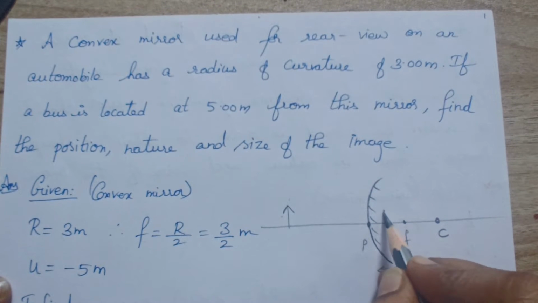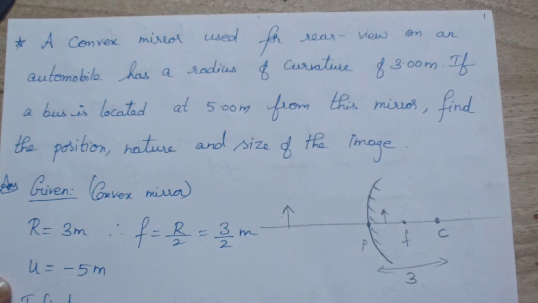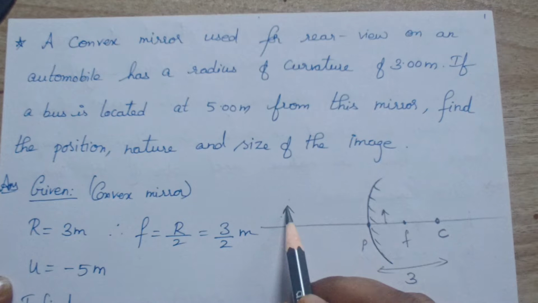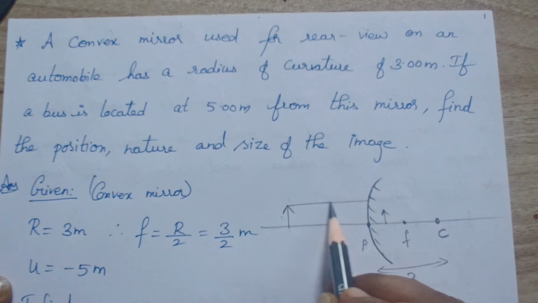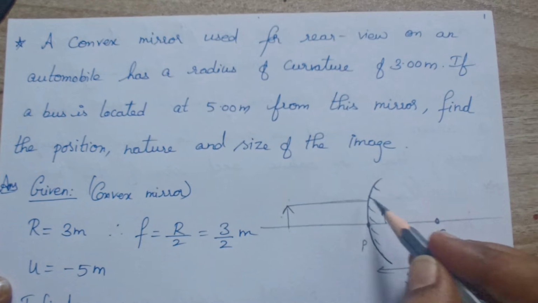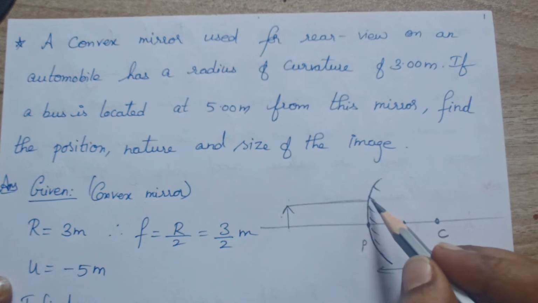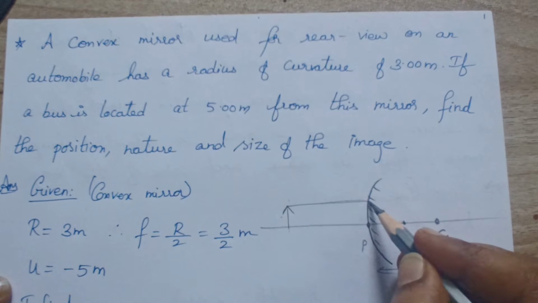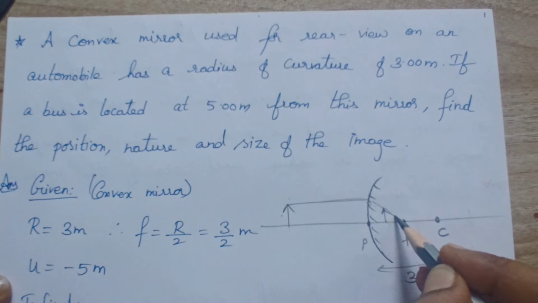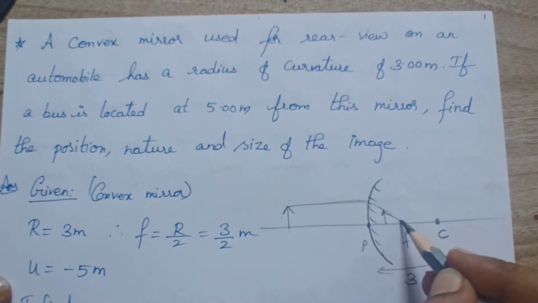Do you remember this? You will get an image like this. This is the object. A ray parallel to the axis will strike the mirror, and then it appears to converge from the focus, right? We have studied this.